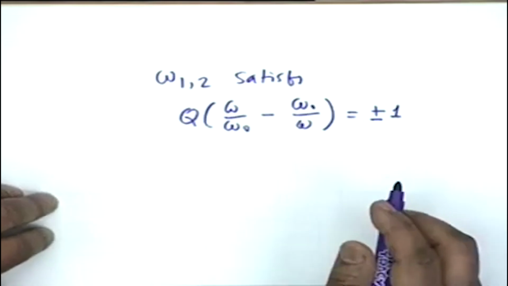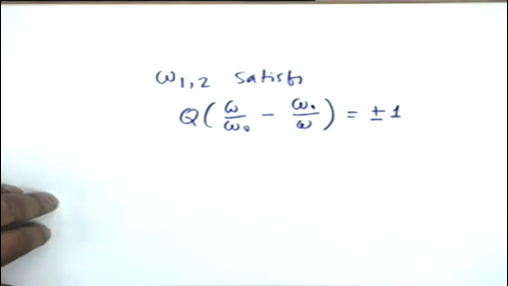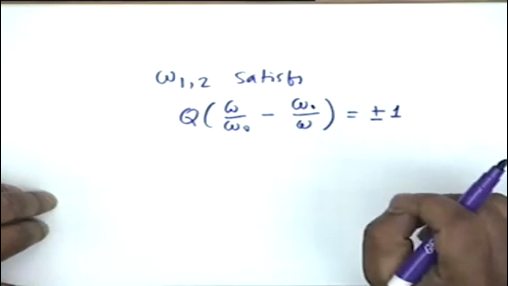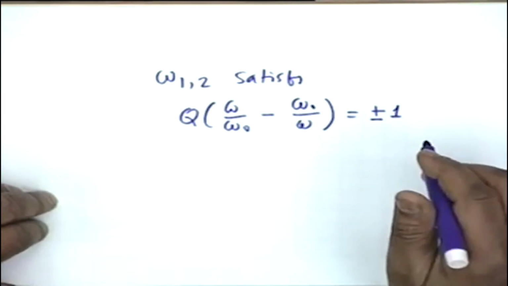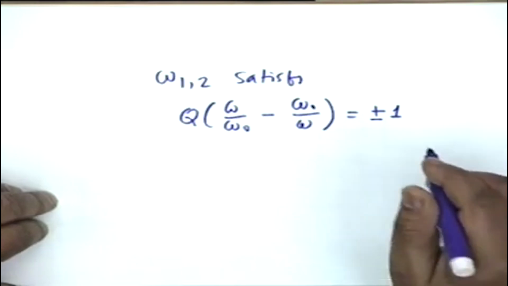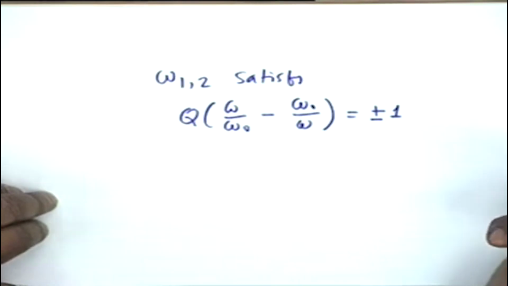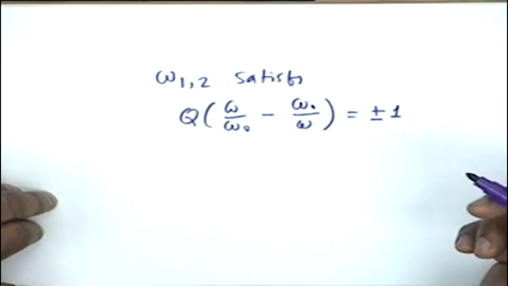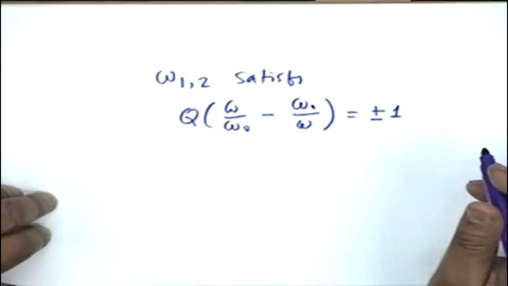In each case it will give a quadratic equation, isn't that right? Whether it is plus 1 or minus 1 doesn't matter, it will give a quadratic equation, and therefore how many solutions will there be to this equation? 4 of them. 2 will be negative and 2 will be positive.